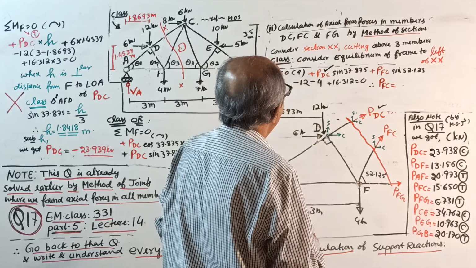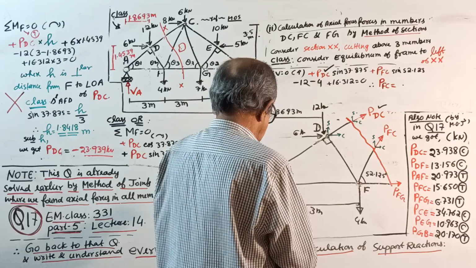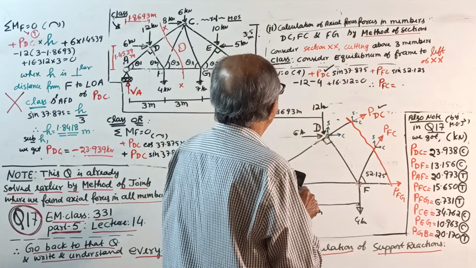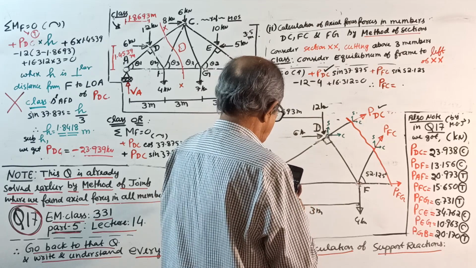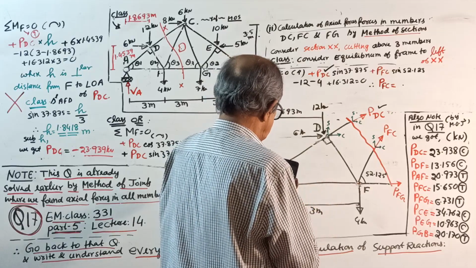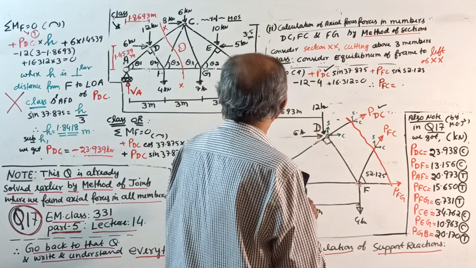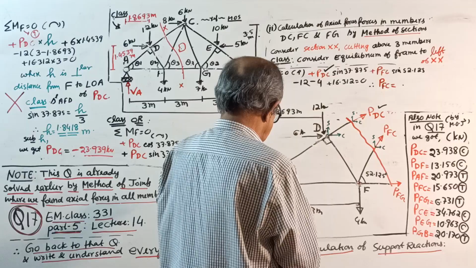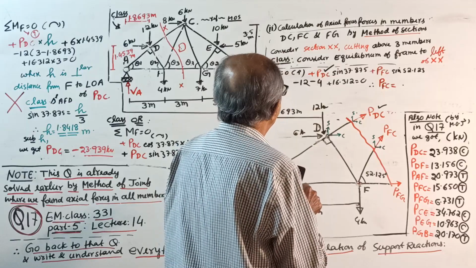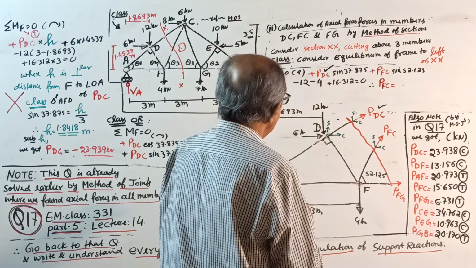How? One minute, I'll check once again. PDC minus 23.939 into sine of 37.875. Okay, that answer is minus 12. Oh sorry, not minus, it's actually plus. Minus 23.939 into sine of 37.875, answer is over.